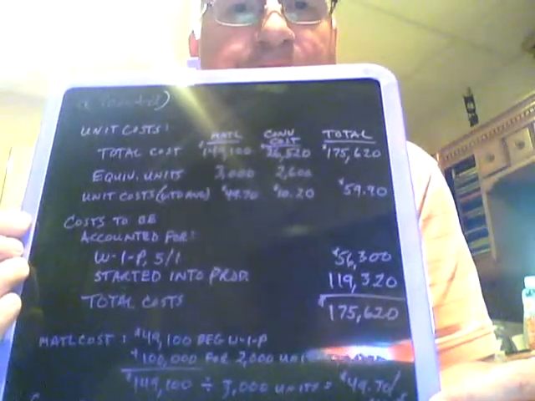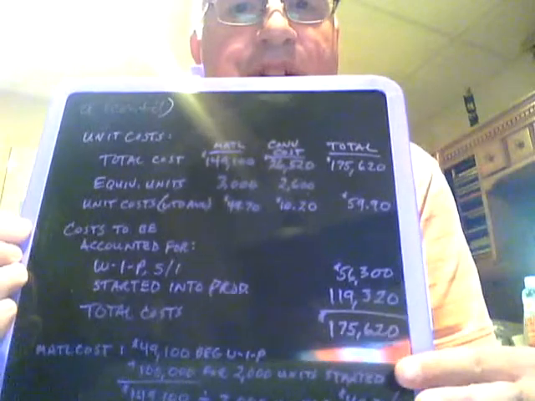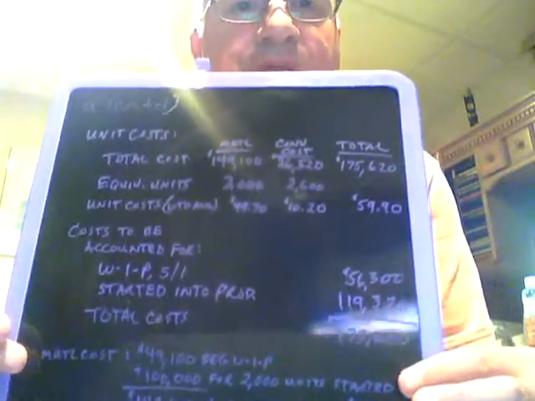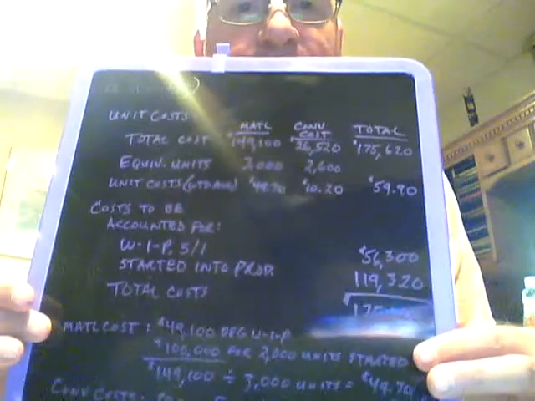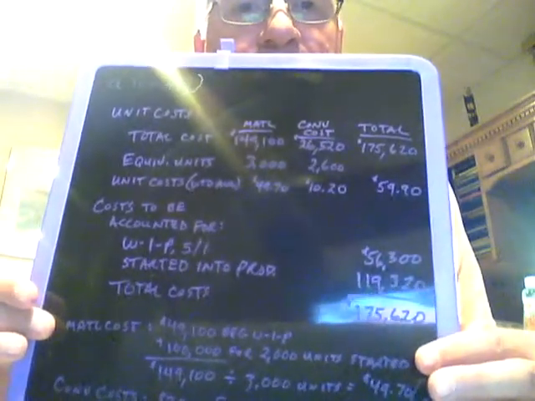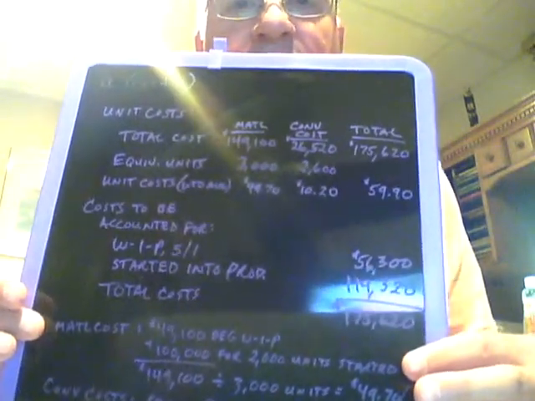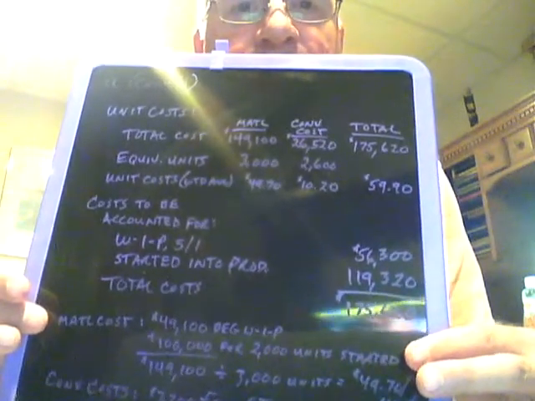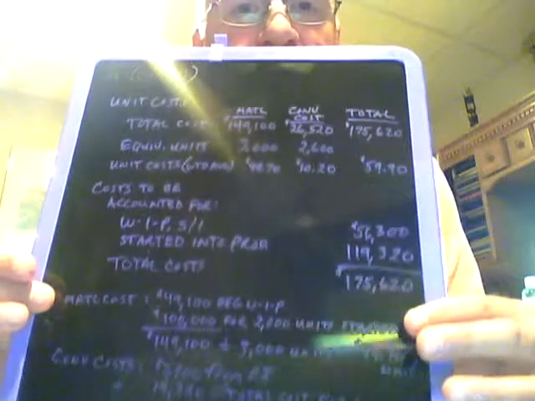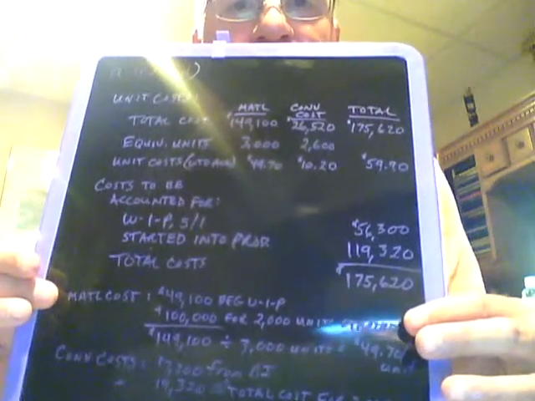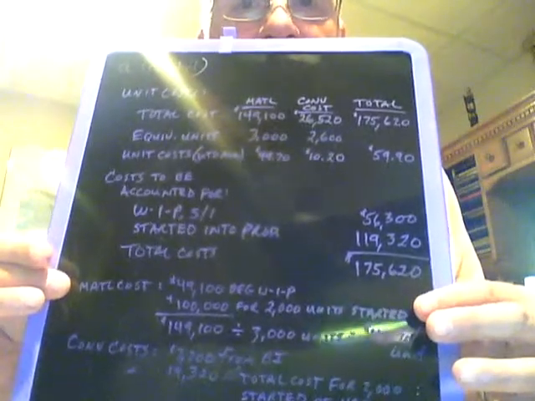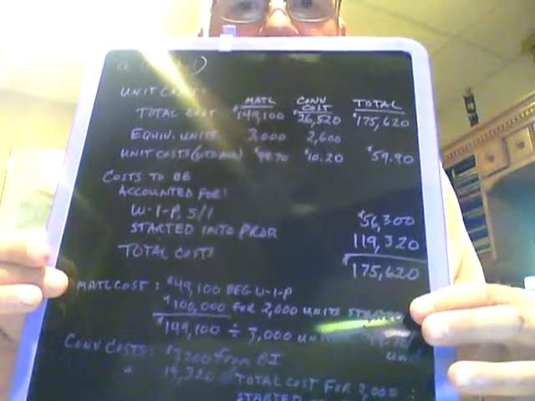And we look down below here on material cost, and you can see that that consists of the $49,100 of material cost that was given to us as part of the beginning inventory work in process. Then $100,000 of materials was incurred for the 2,000 units that were started during the month.